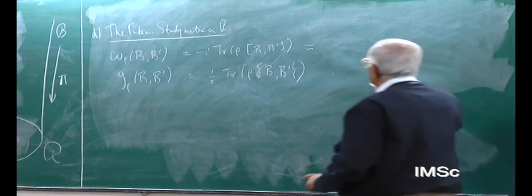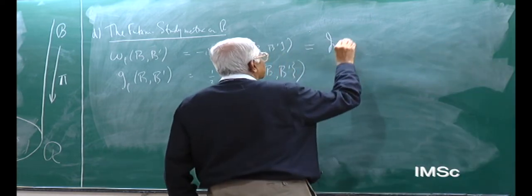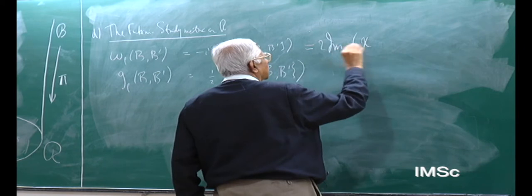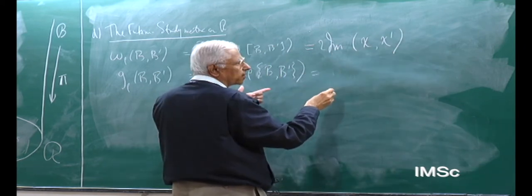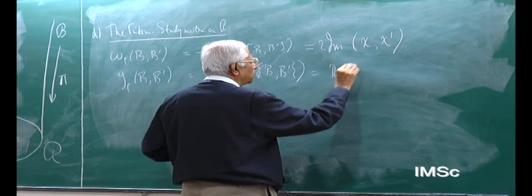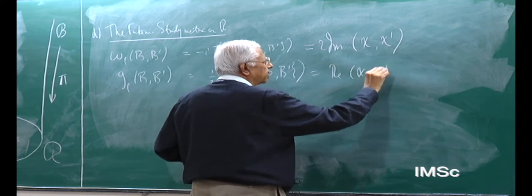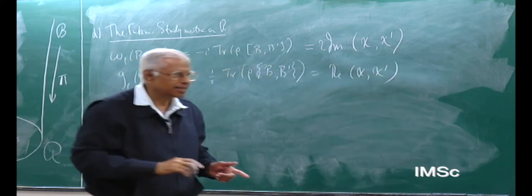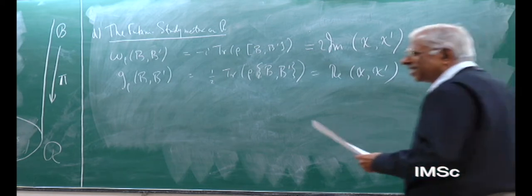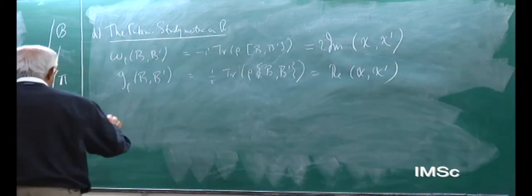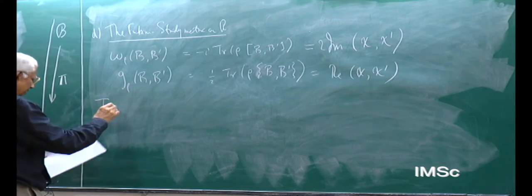Imaginary part of the inner product of chi with chi prime. And what have we seen here now for this fellow? Real part of chi with chi prime, right? So you put all the ingredients into the grinder, and here is the beautiful result.